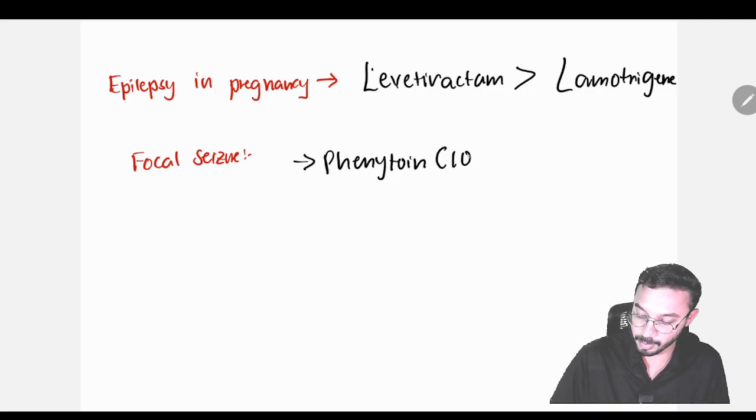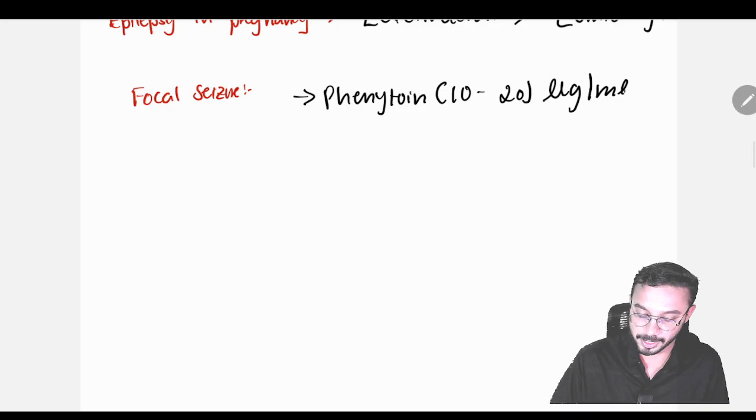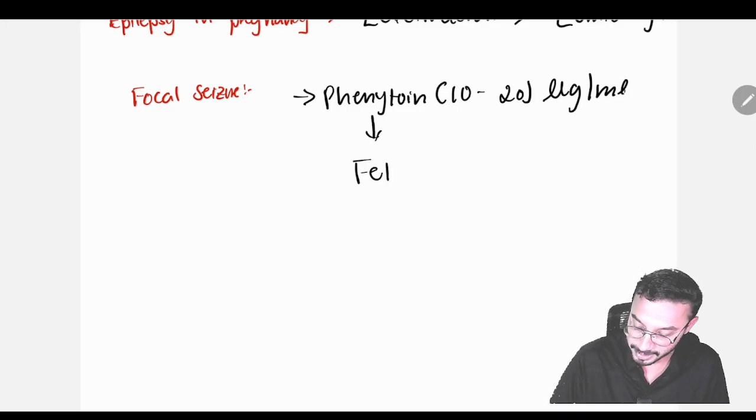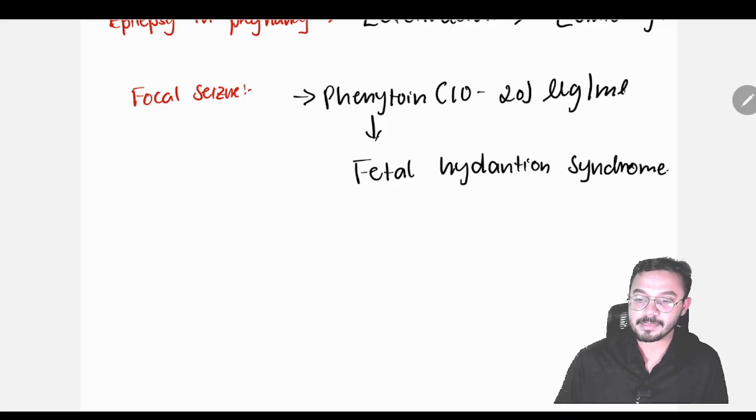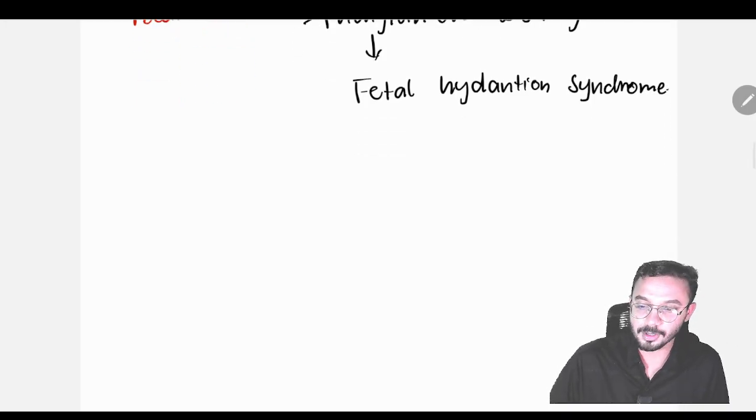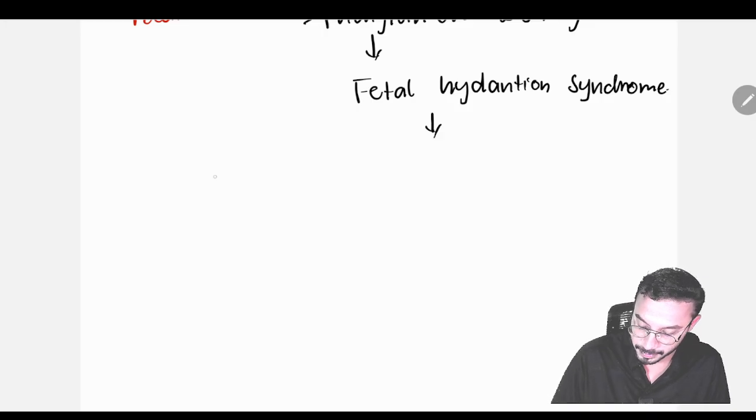Phenytoin normal range is 10 to 20 micrograms per ml. Phenytoin in pregnancy leads to fetal hydantoin syndrome. Okay, very very important. What are the features of fetal hydantoin syndrome? Remember through the mnemonic MCH.